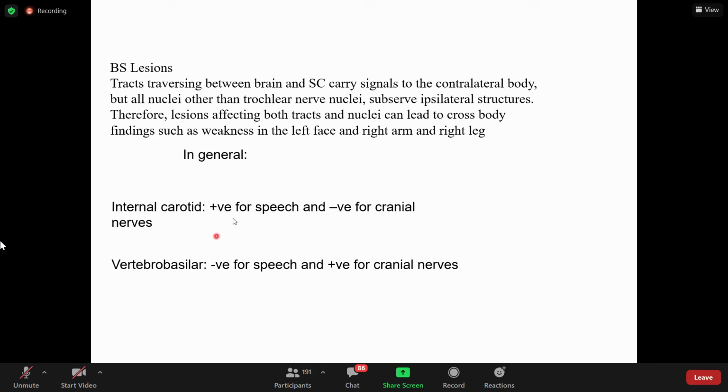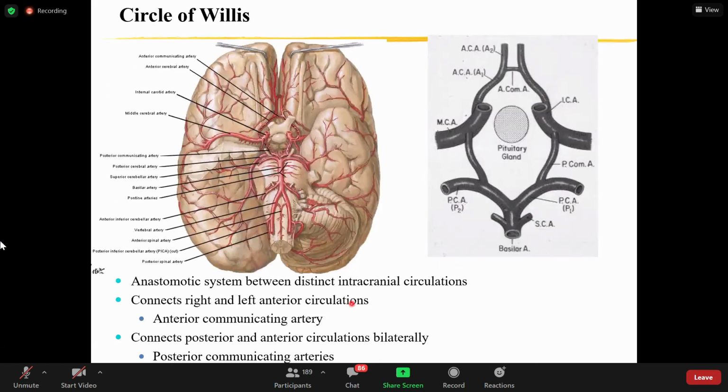In areas supplied by the internal carotid artery, if there is an ischemia, you will have signs and symptoms of speech impairment, and there will be no signs of cranial nerve injury or involvement. While for vertebrobasilar artery, no speech involvement, and there will be signs and symptoms of cranial nerve injury.